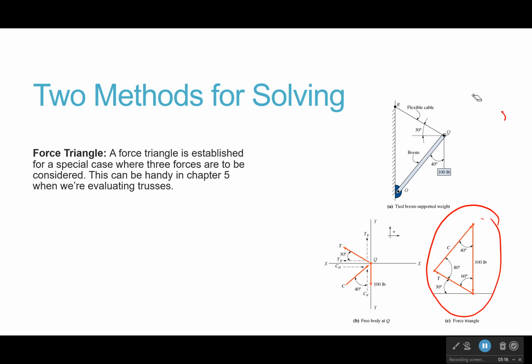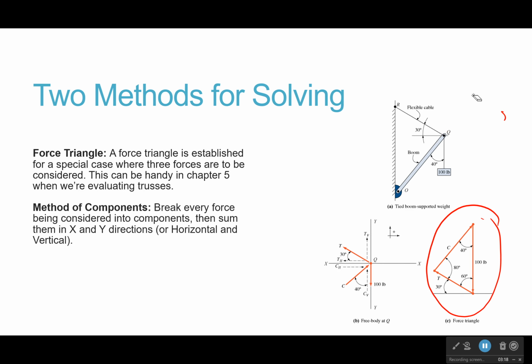My personal favorite is to break everything up into components and say, okay, each of my little forces is going to have an x component, or a horizontal component, and a vertical component. And using my trig, I can figure out what those are. And then I'll do that for every single force. And I'll say, okay, I've got all these forces.